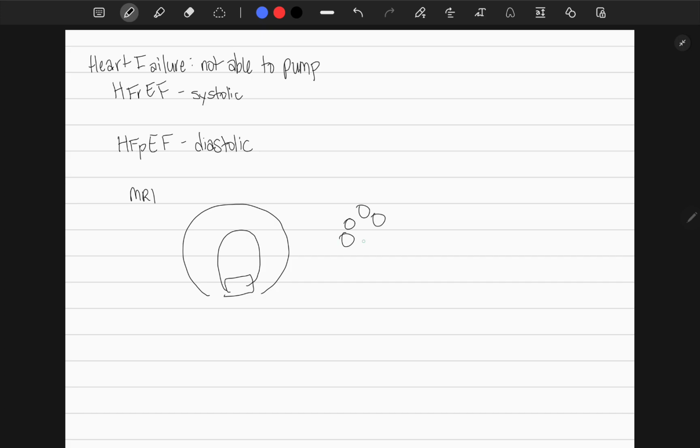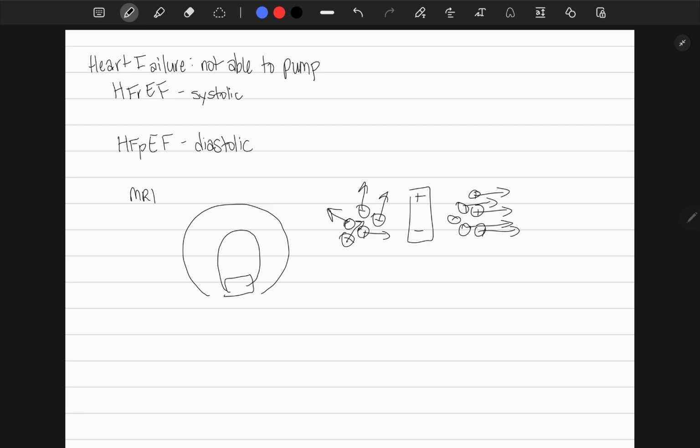Normally, the atoms in our body are pointed in all different directions. But when placed inside of a magnet, our atoms are going to point all in the same direction.